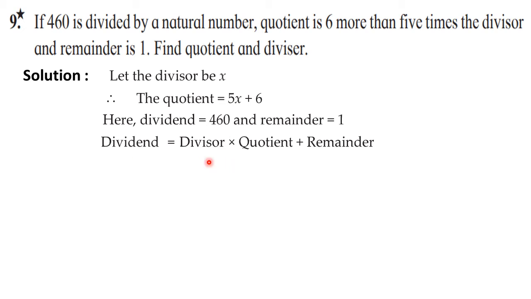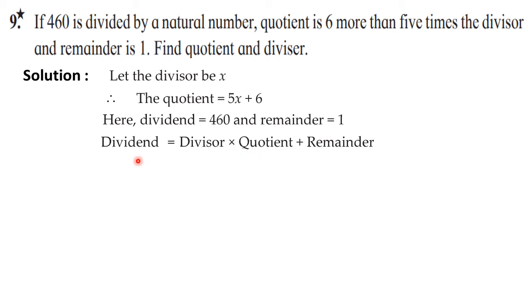This is your previous knowledge which you are going to implement here. As soon as you see these words, this equation should flash in your mind so that you can use it. If you don't know this, then it is not possible for you to solve the sum.